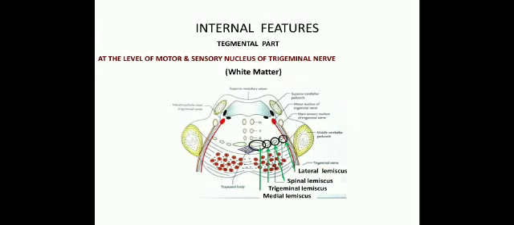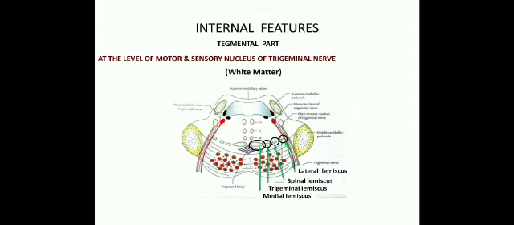These are all transverse bands of fibers, which we can remember as MTSL: medial lemniscus, trigeminal lemniscus, spinal lemniscus and lateral lemniscus. The trigeminal lemniscus contains the fibers arising in the spinal nucleus of the trigeminal nerve and travelling to the thalamus.